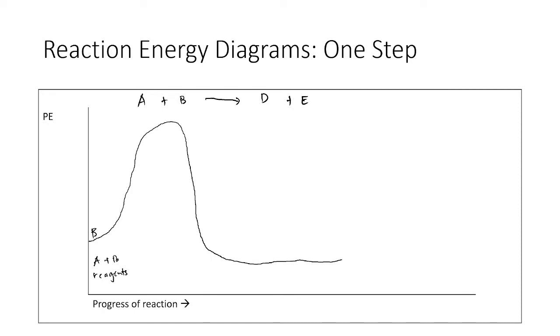So this is our reactant stage, and this will be the part where we have what we call the transition state or TS. Then we have here the potential energy of our product.